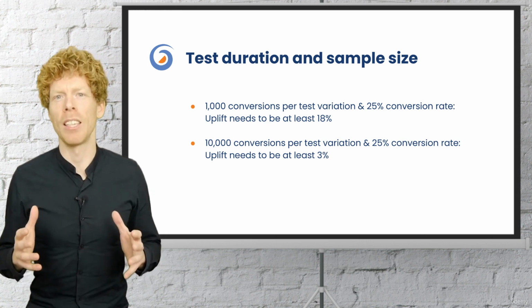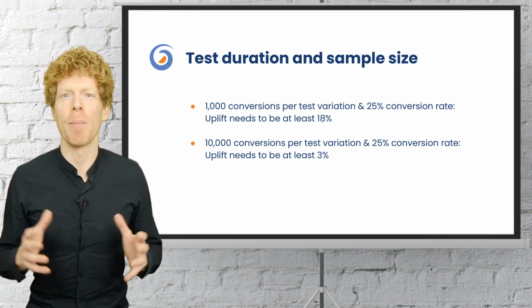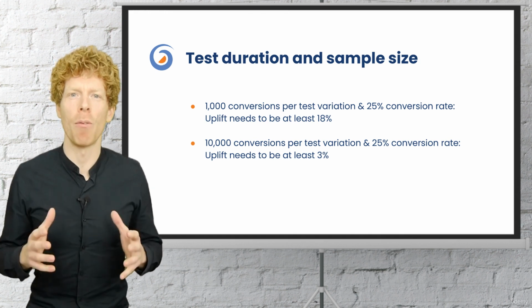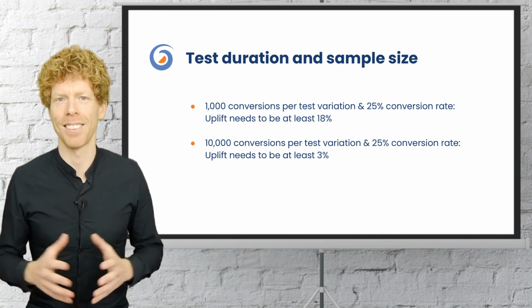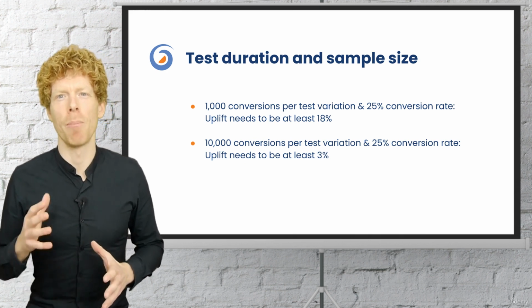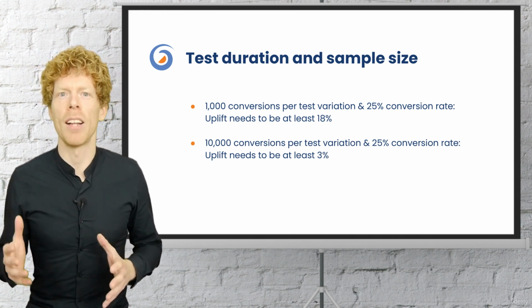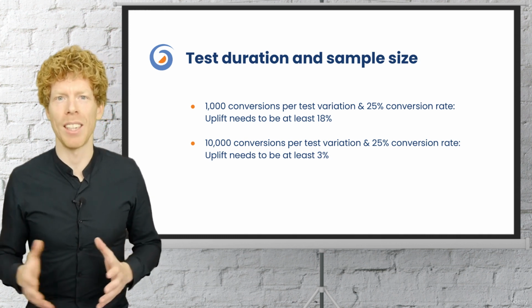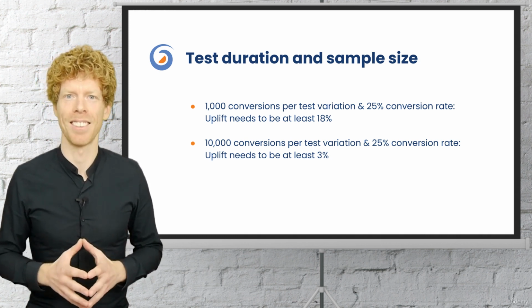And 18% is of course big. Just imagine 18% extra revenue coming in through your website. Of course, I've seen it happen in some A/B tests, but it is not very likely that you find an uplift of 18% in every test.